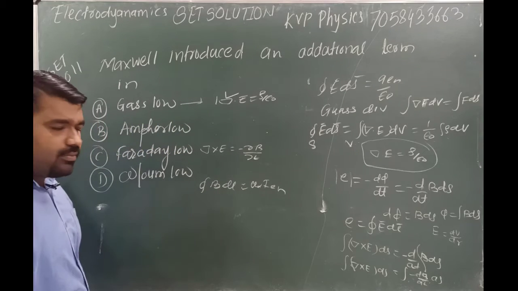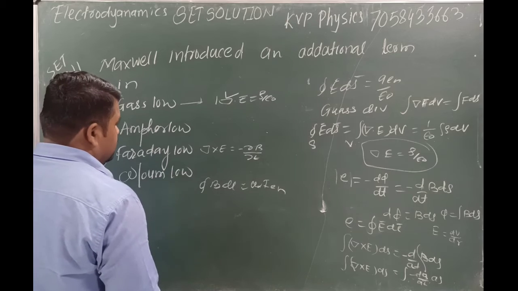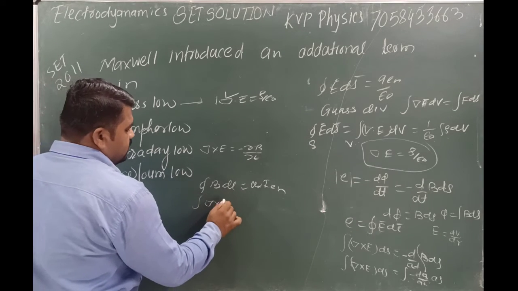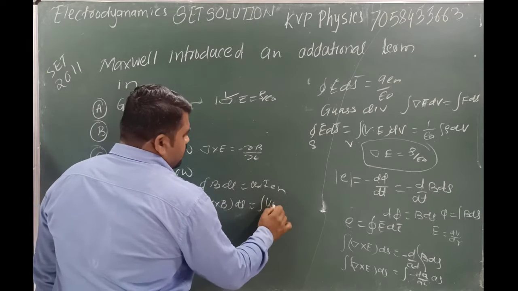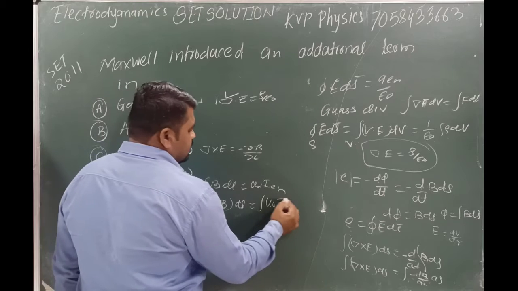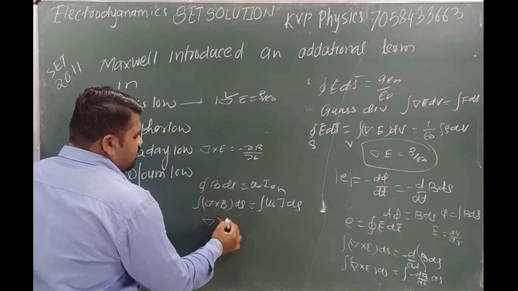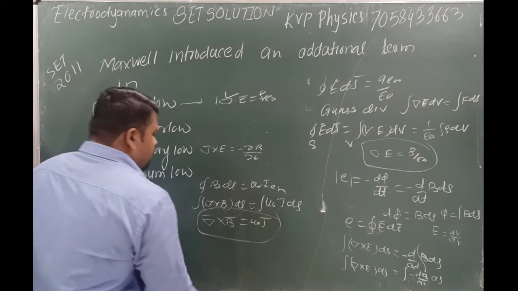The line integral is converted into a surface integral. Then this becomes del bar cross B bar dot ds is equal to mu naught I, which can be written as J dot ds. Again comparing, we are getting del bar cross B bar is equal to mu naught J.